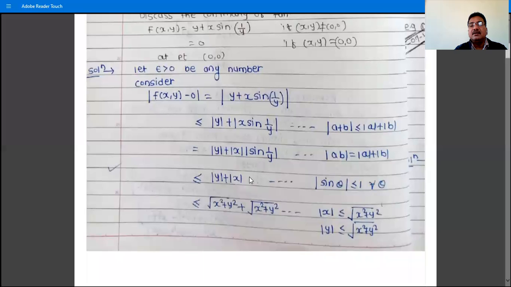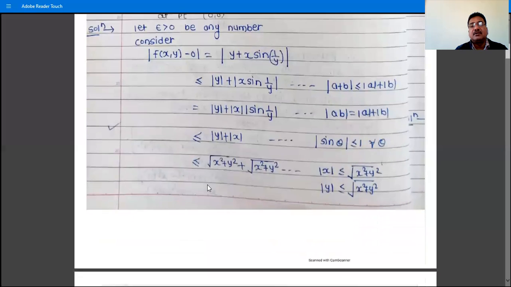Mod sin y, next step is what? Mod sin y, substitute mod sin y as 1, but it is not its actual value, it is its upper limit, and that's why here the sign is less than or equal to. And mod y and mod x both are less than or equal to root x square plus y square. If y is 0, then y square is 0 and root x square is x, then both sides are the same.